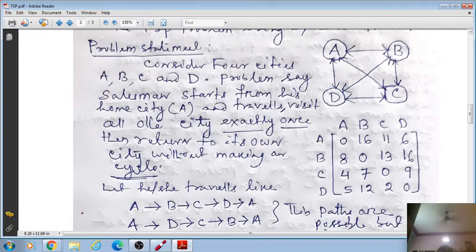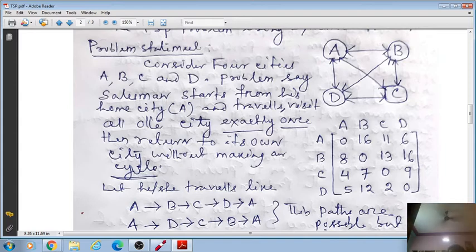So this is the graph. Its corresponding matrix is given. This is called the adjacency matrix. In some problems you will find these weights on the graph itself, but I have taken an adjacency matrix to avoid the clumsiness of the graph. I have taken A, B, C, D here.